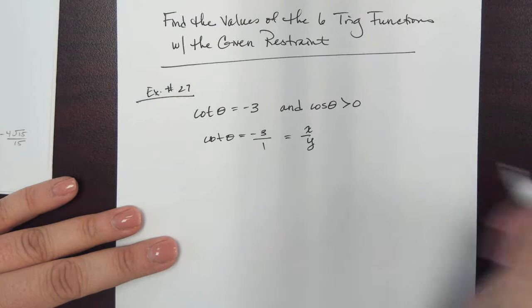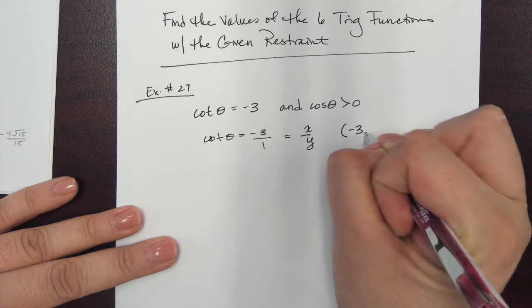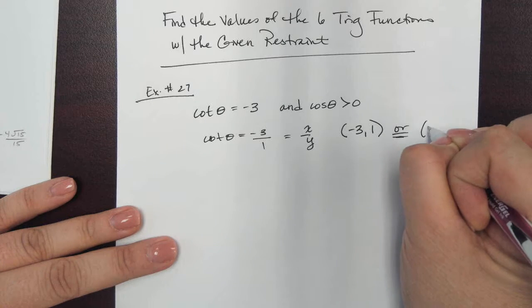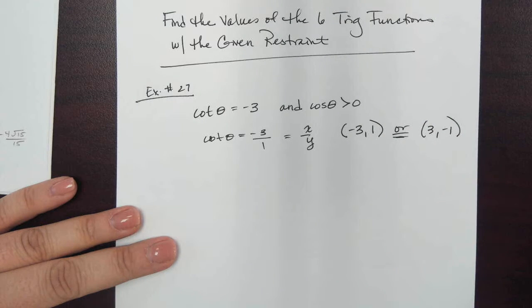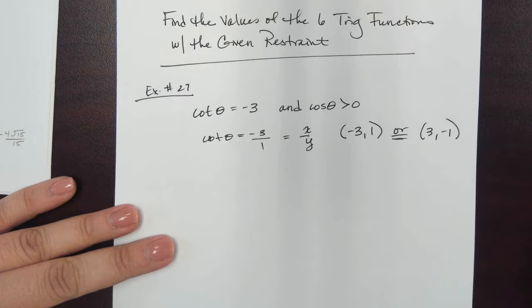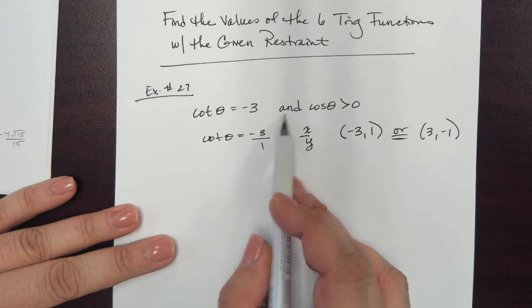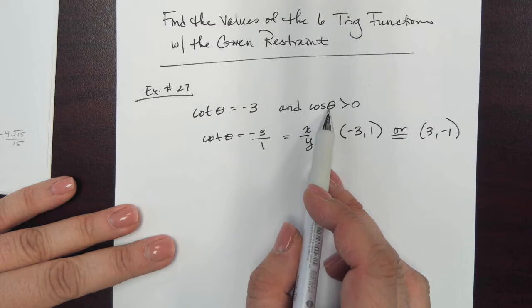So my point is equal to either (-3, 1) or (3, -1). Which one is it? I need to figure out from this constraint which quadrant it is.